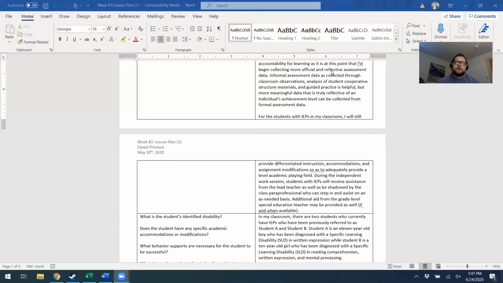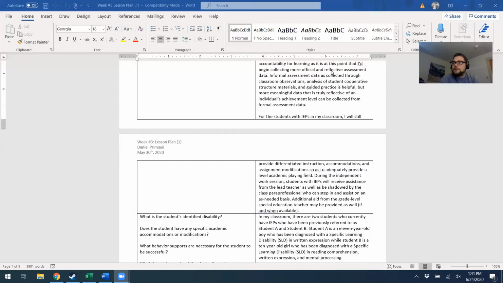I think in terms of that background, the nature of a lot of these activities, the collaborative structure does tend to modify the level of rigor, which is great because it allows students to proceed at a pace that they're comfortable with.